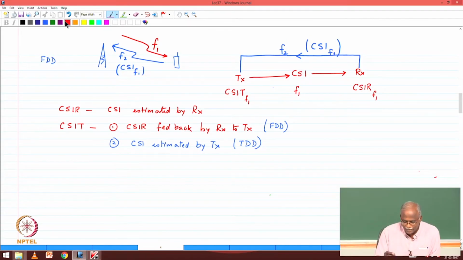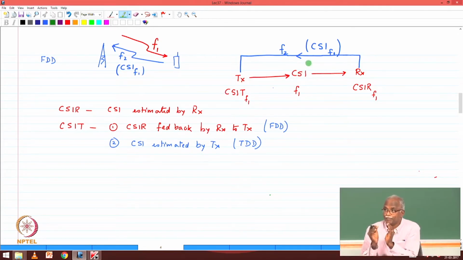But FDD systems are a little more involved. In FDD systems, the downlink happens on frequency F1, and the uplink happens on frequency F2. The transmitter, the base station, sends some information through a channel to the receiver. Now the channel is the behavior of the channel at frequency F1. So this channel state information corresponds to frequency F1.